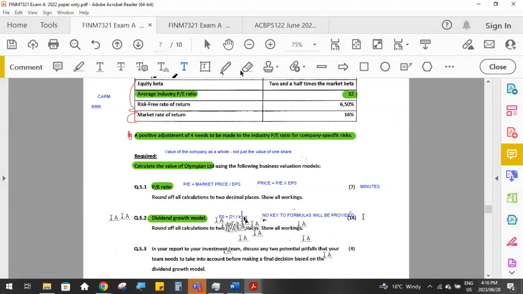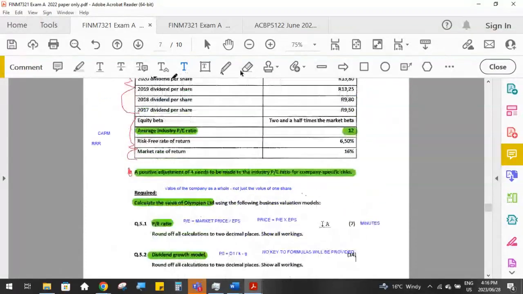And g, when it's just like that, is the growth rate. The growth rate for this company. Okay, so P0 equals D1 over k minus g. So that's what we've got to calculate. So P0 is what we want to know, the theoretical price per share.